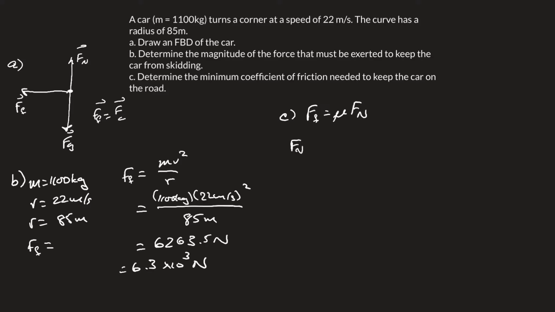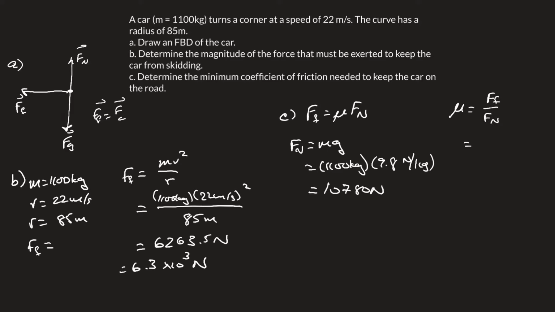So we're going to start by doing that. Fn is equal to mg, which is the mass of the car times 9.8 newtons per kilogram, giving 10,780 newtons.